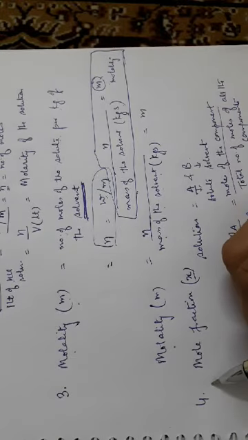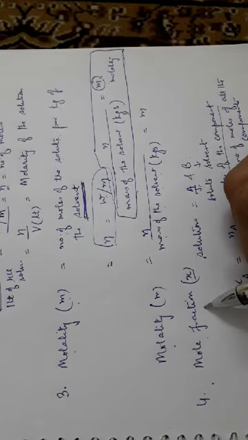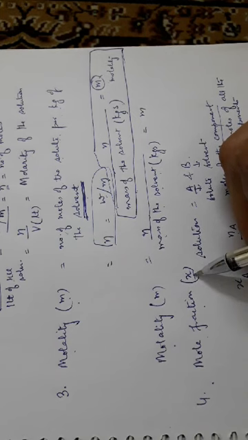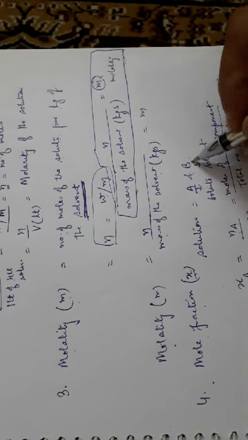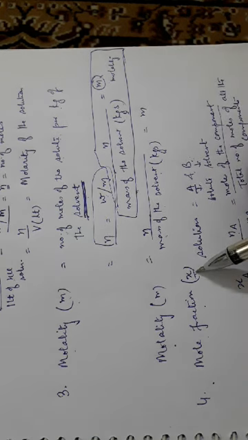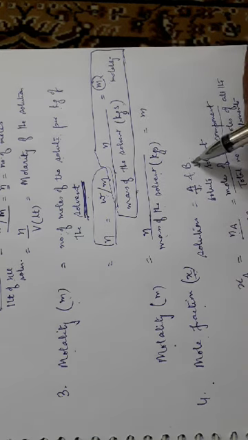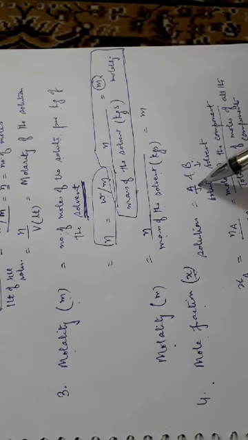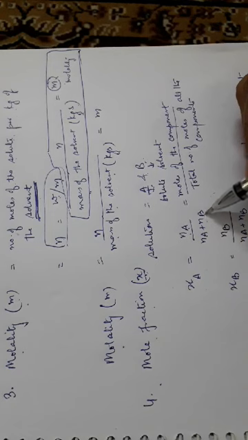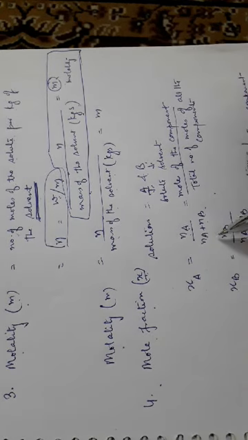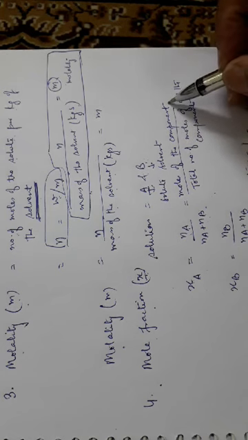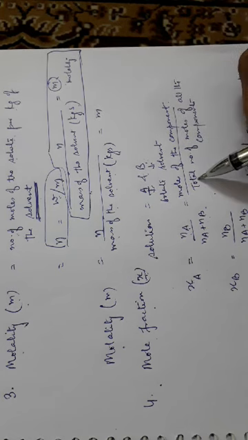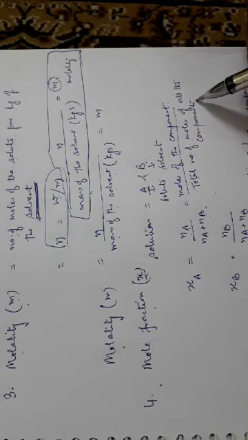The next way to express the concentration is mole fraction, represented as X. For the solution of two components A and B, there will be two mole fractions, one for A, one for B. So XA corresponding to A is the number of moles of A upon the total number of moles of all the components, two components A and B. That is, moles of the component whose mole fraction is to be determined upon total number of moles of all the components.